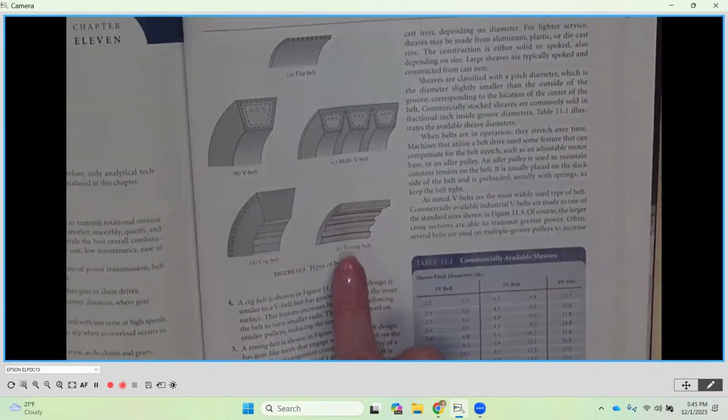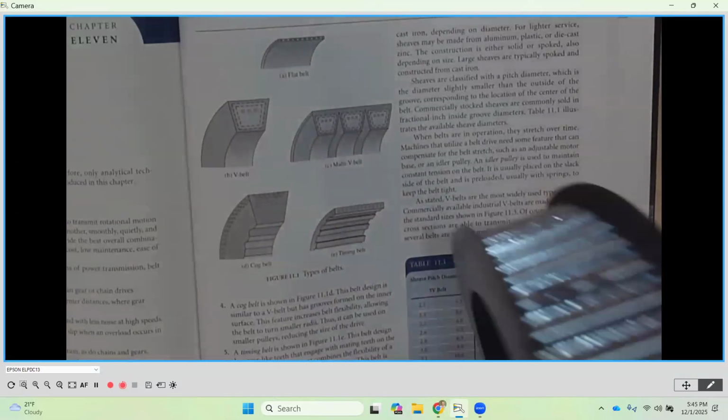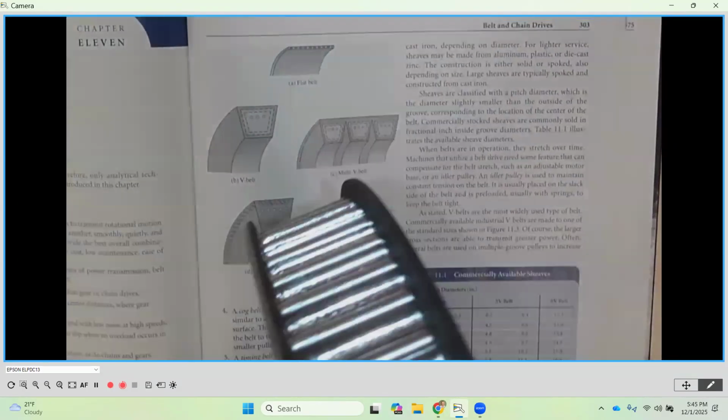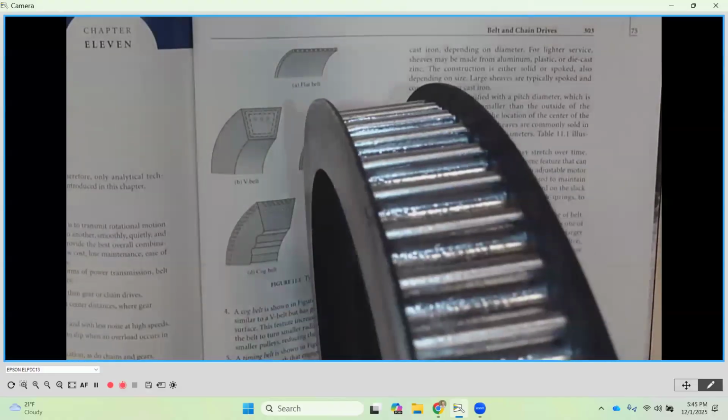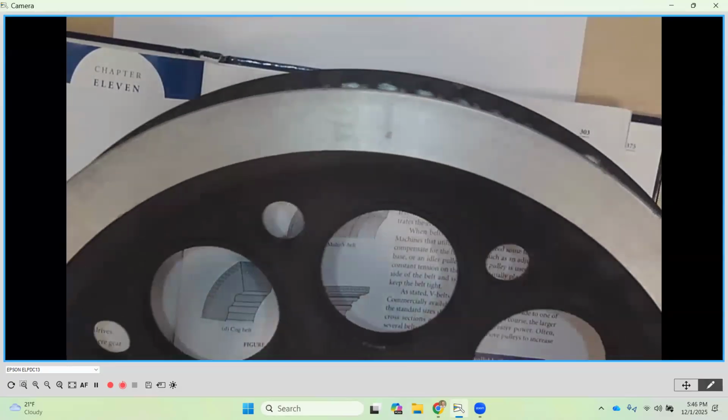And then lastly, the kind that we have here is called a timing belt. A timing belt works a little bit more like a chain. I think it's like the combination of a chain and a gear. So for instance, look first at the shiv. This is a timing belt shiv. And instead of having that smooth groove that it fits down into, there are teeth on that perimeter.